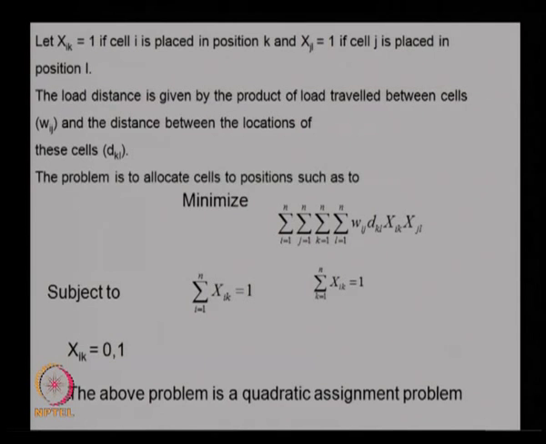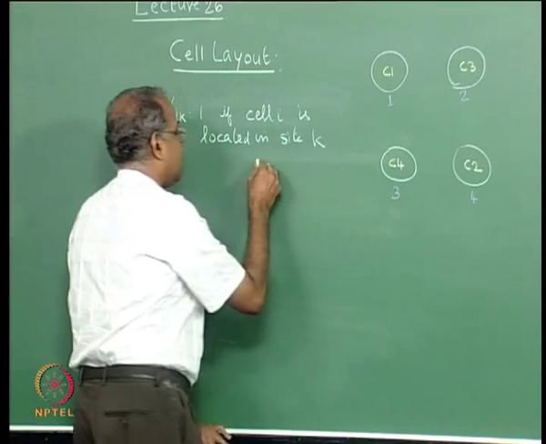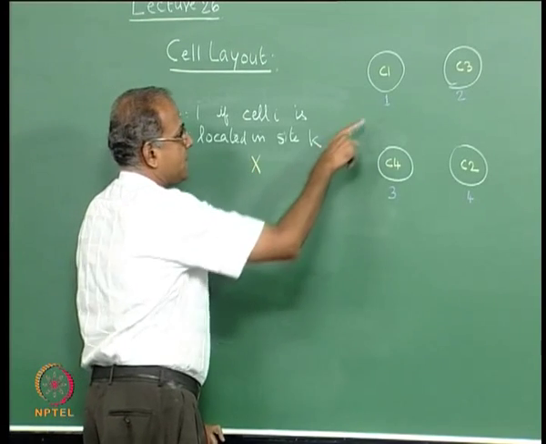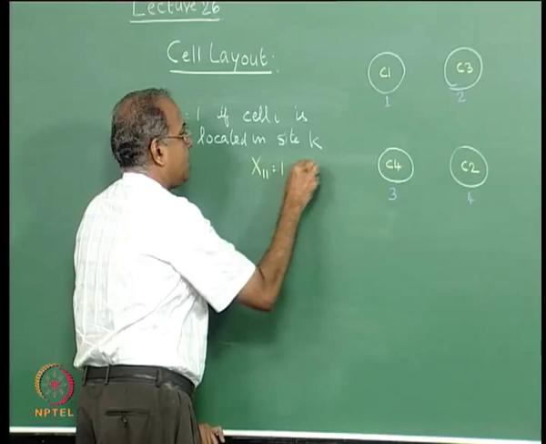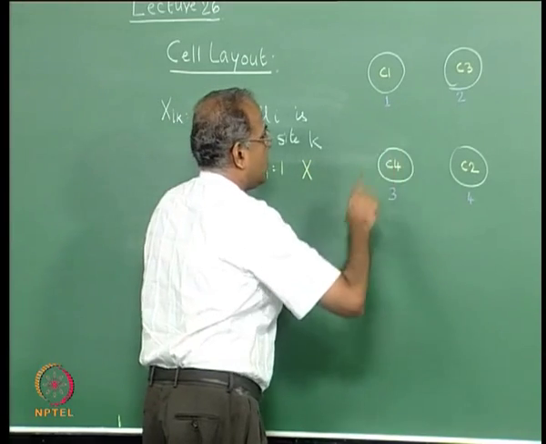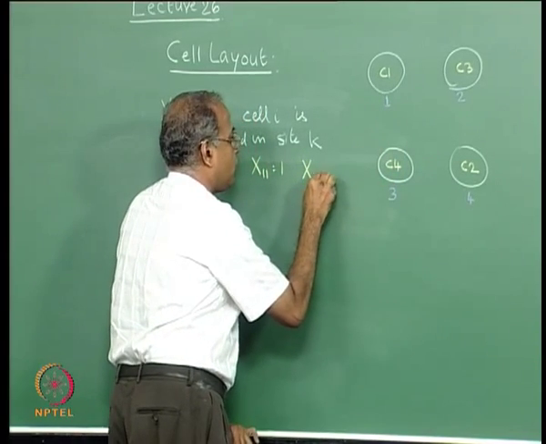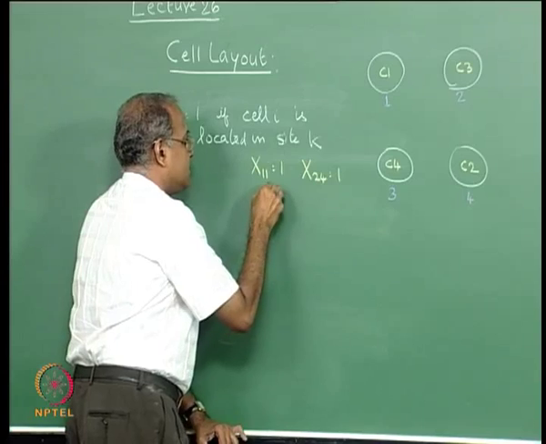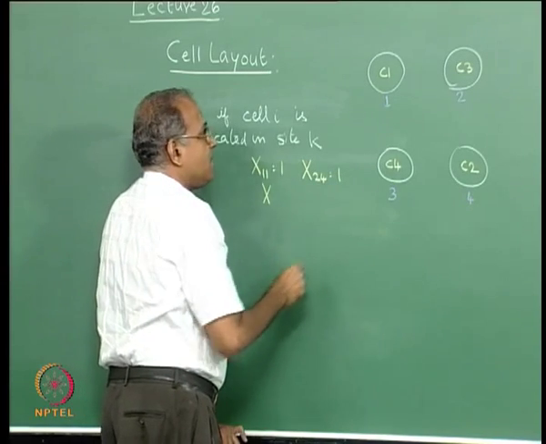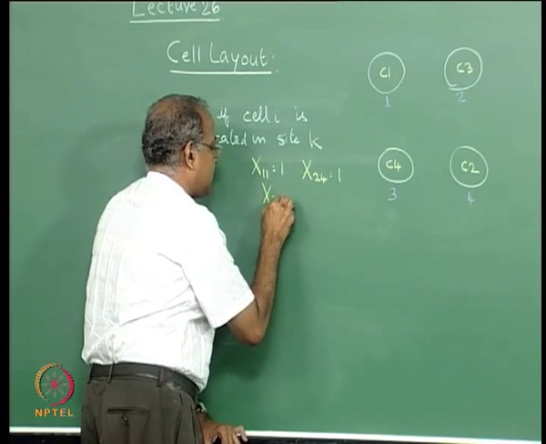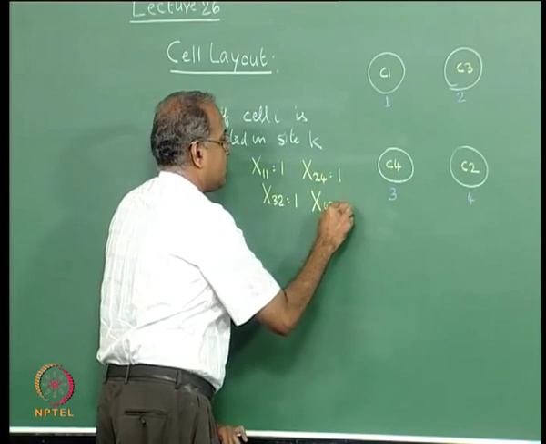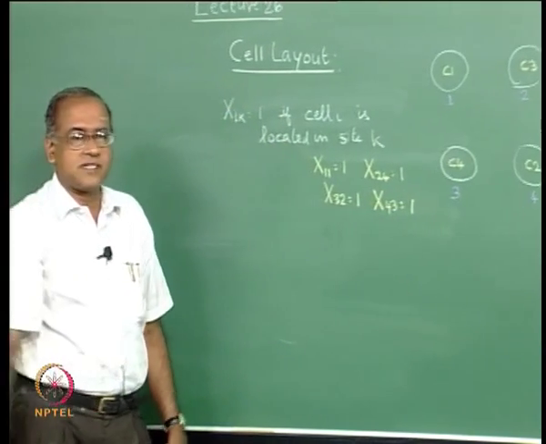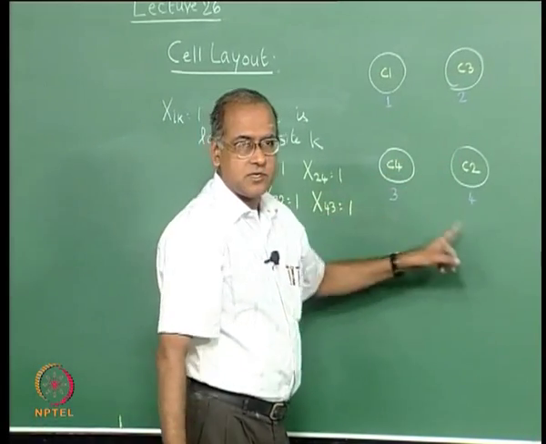So, this would be represented by a solution: cell 1 goes to site 1, x11 equal to 1; cell 2 goes to site 4, x24 equal to 1; cell 3 goes to site 2, x32 equal to 1; and x43 equal to 1 is represented by this solution.